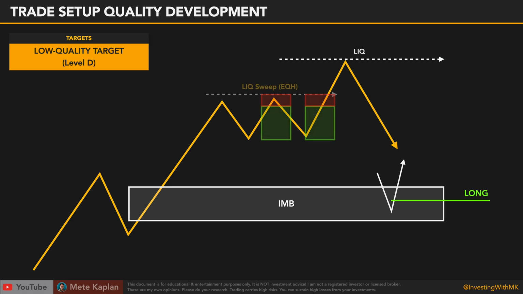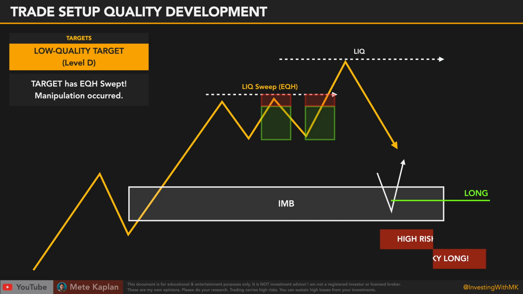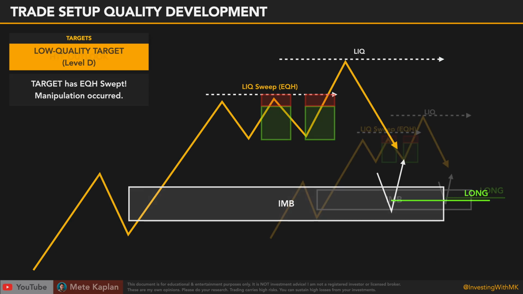Basically a manipulation, or you can say power of 3, PO3 happened at the top, I will be very hesitant to take this long trade anymore. It is still tradable, but I would not risk 1 hour to this trade. I would risk 0.25 hour.